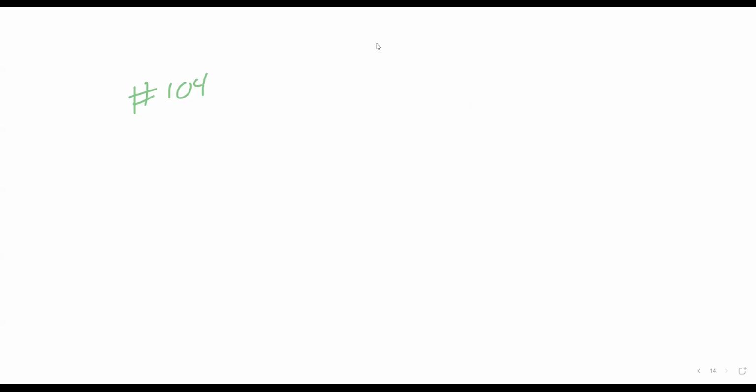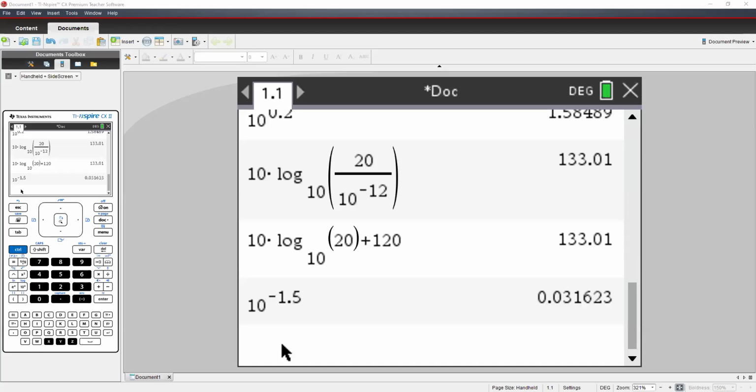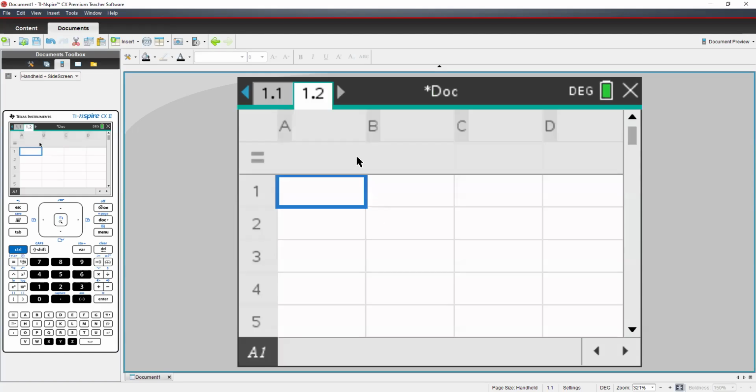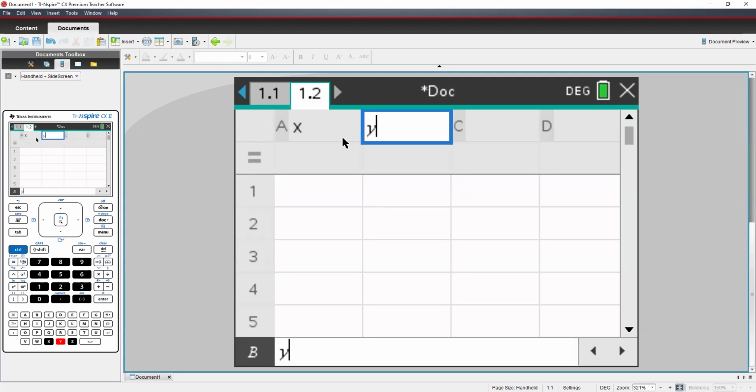And this is just like quadratics and linear functions of exponentials. All right, so what we're doing here is just like before, you'll go to this list in spreadsheets. You'll type in your X, you'll type in your Y, and then you'll type in the table.